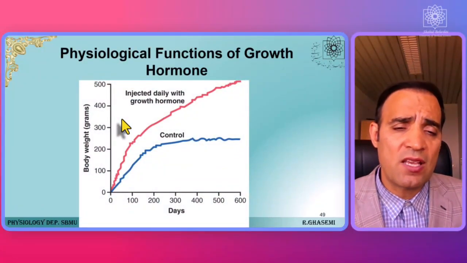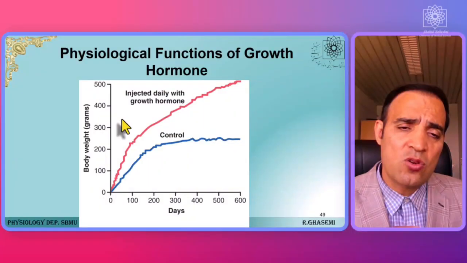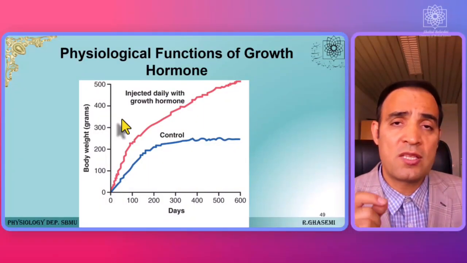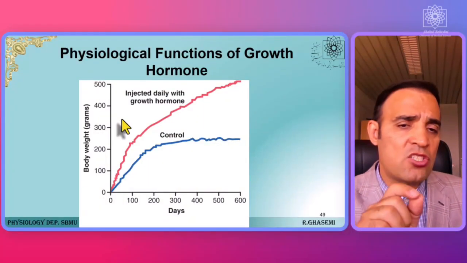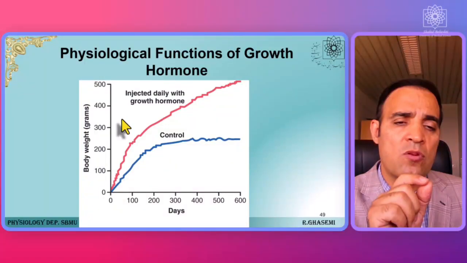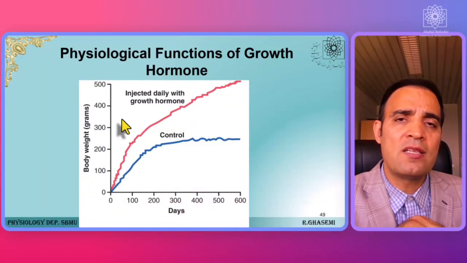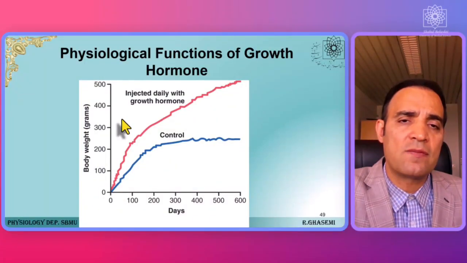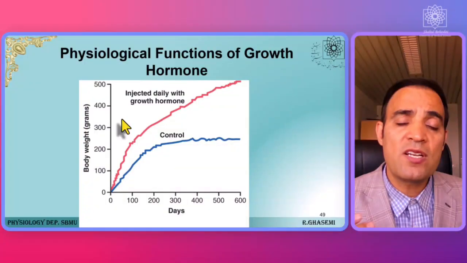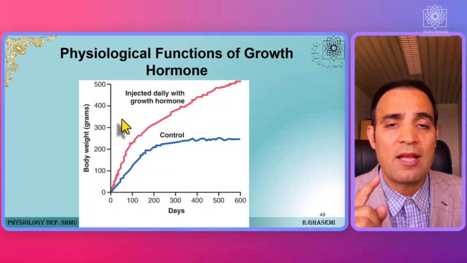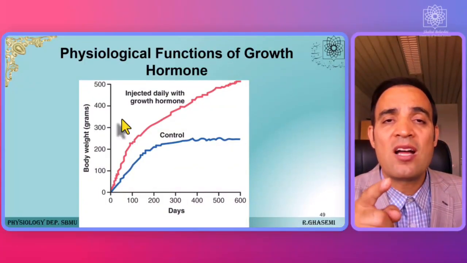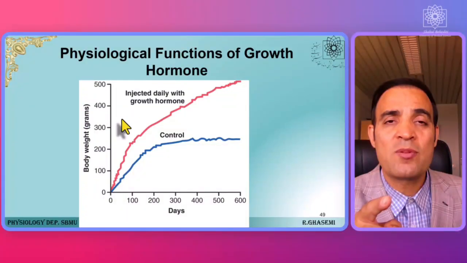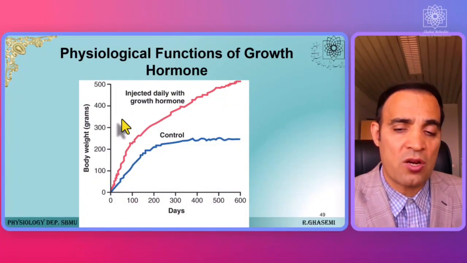Have a look at this slide. It shows that growth hormone is a determinant factor. When we inject growth hormone into a normal animal, suddenly the rate of growth will increase. This shows that growth hormone is very important, but we should know that this is possible just when the other hormones are normal.